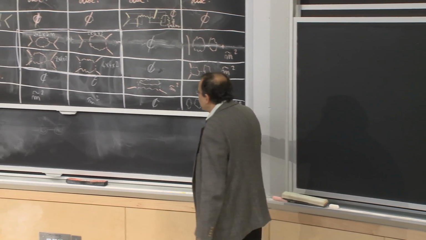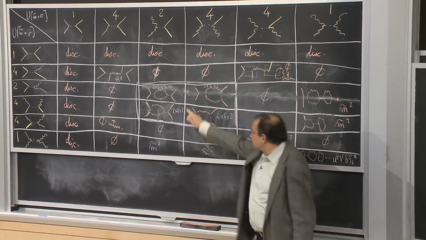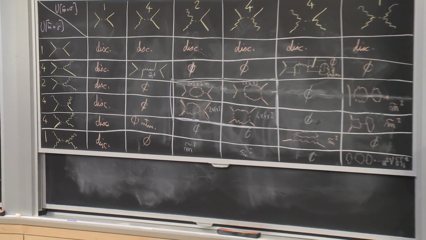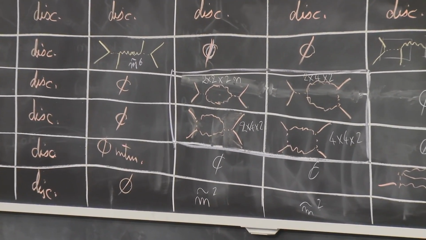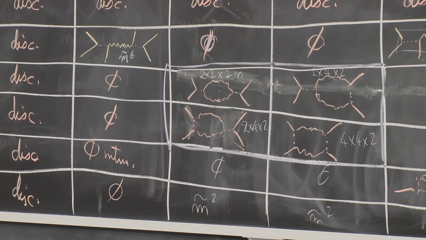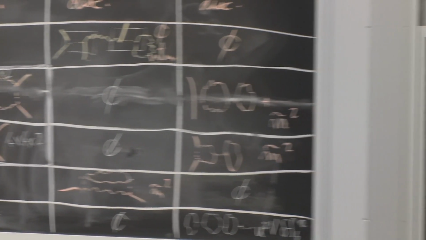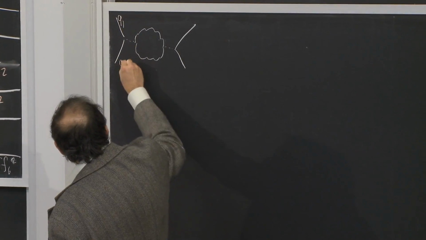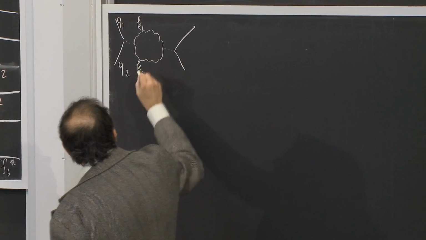So let's pick one of these diagrams, this one in particular, and explicitly see what that is. Okay? It came out of putting 2 factors of u together. Let's be explicit. Let's call the momenta here q1, q2, and k1, k2.